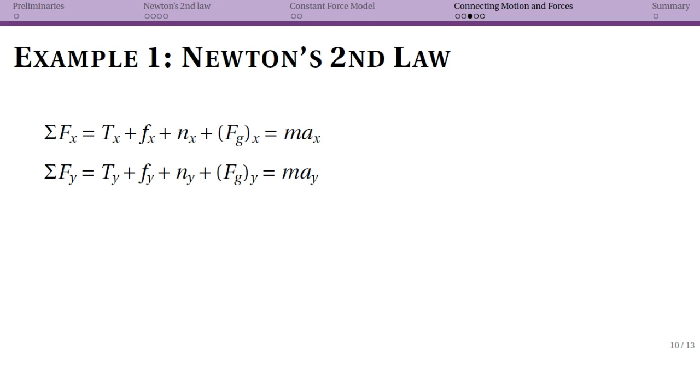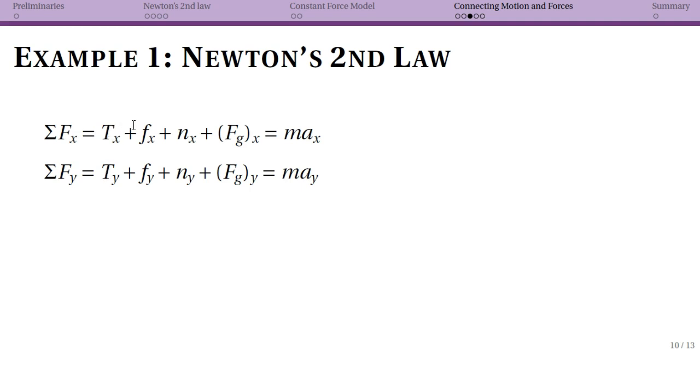So the first thing we're going to be doing is using Newton's second law. And remember, you want to do this in components. A common mistake is to mix all of your forces together. That's a terrible idea. So we have our x components and we have our y components. And again, on the picture, we labeled what direction was x and what direction was y. Next, you want to only deal with your x components when you have the x equation and only deal with your y components when you have the y equation.